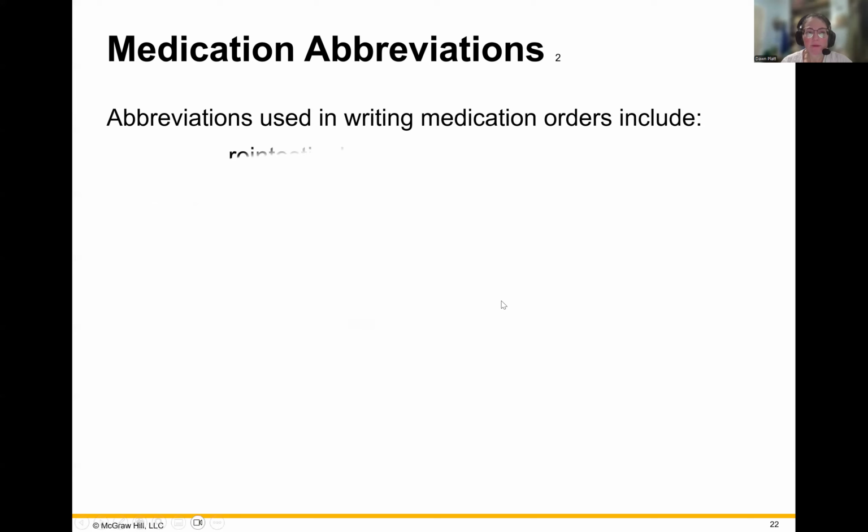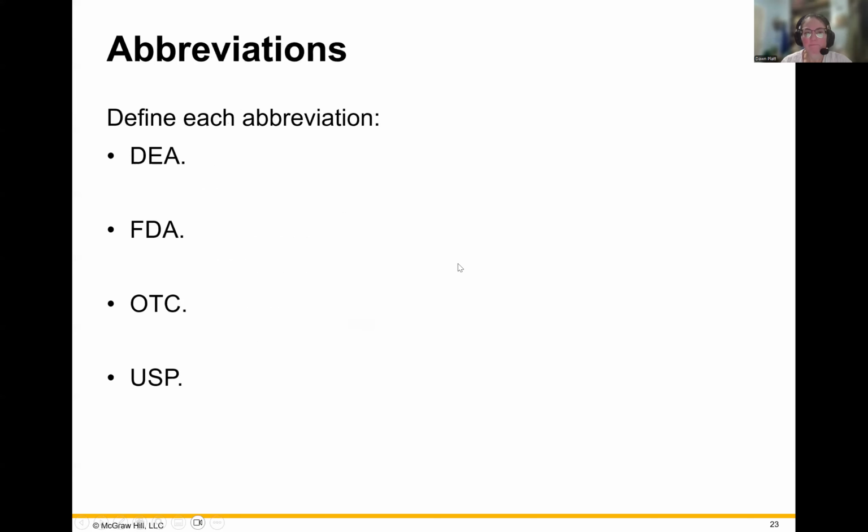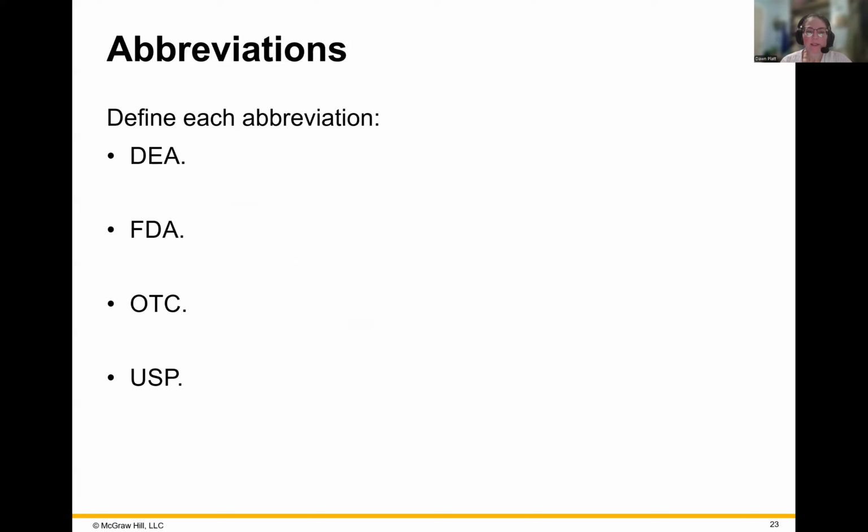All right, so we've got some more here. These are some more abbreviations that you might see when you see prescriptions. So again, just make some flashcards so that you know what they mean. And then there are some other abbreviations as well.